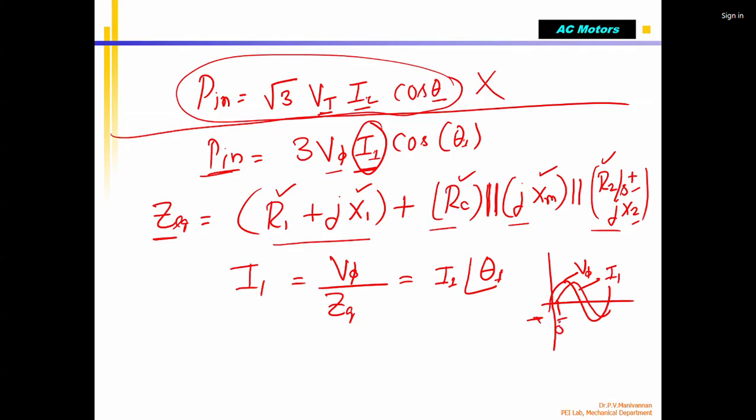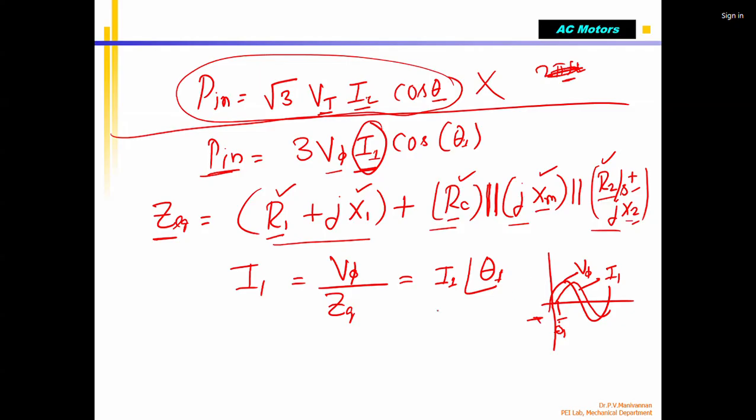Please see that theta 1 depends upon Z. In Z, R_1, R_C, R_2 will be constant, but X_M, X_2, X_1 will vary depending upon frequency. For a given inductance value, reactance is 2πfL, so it will change with the frequency. That's why the phase angle changes with respect to inductance value and also frequency.